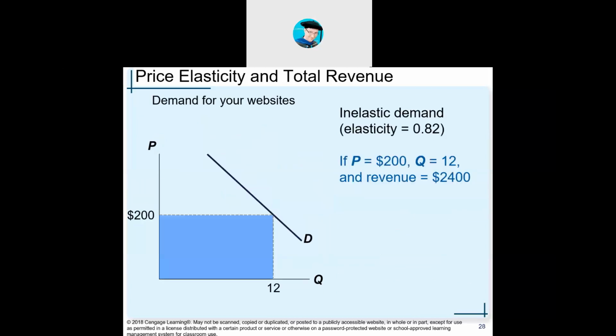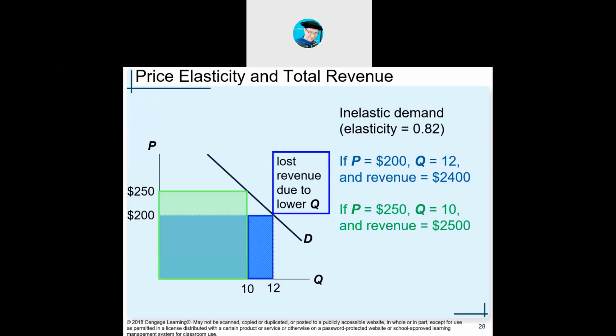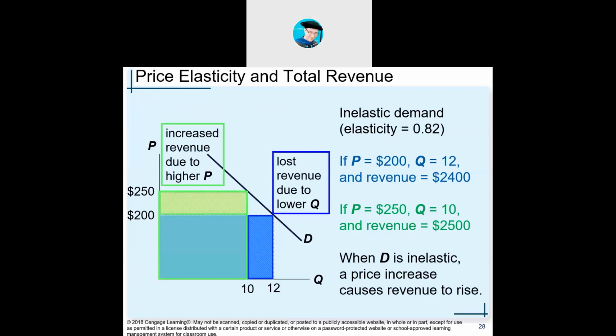So at $200, selling 12 and a revenue of $2,400, it's relatively inelastic. $250 at 10 websites would give me $2,500 in revenue. That would be a good case scenario. But earlier, the possibility was that if I raise it to $250, I would only get 8 customers, which would put me at $2,000.